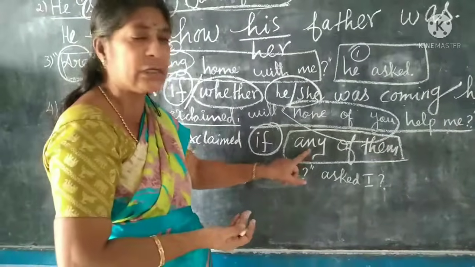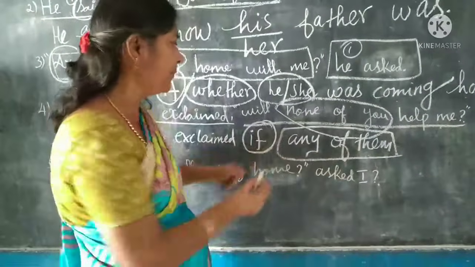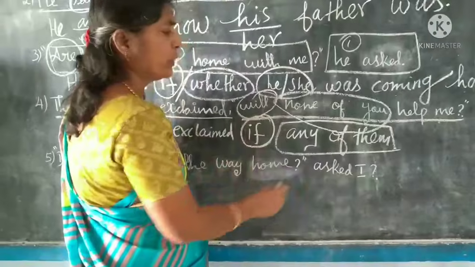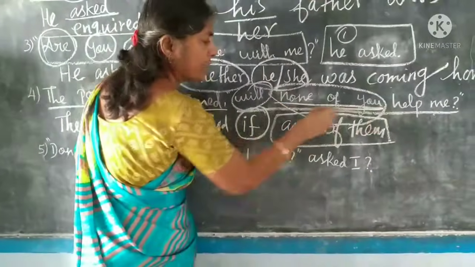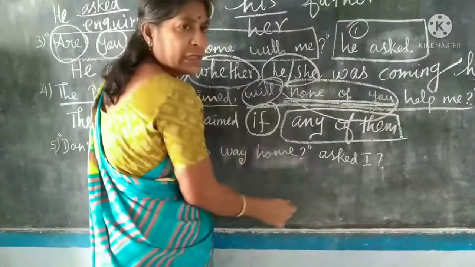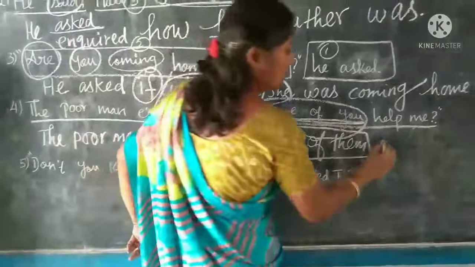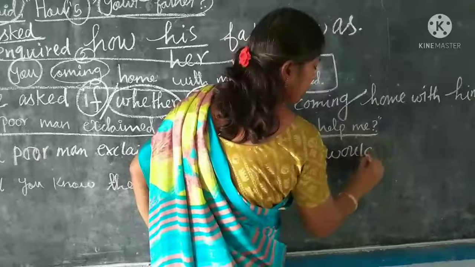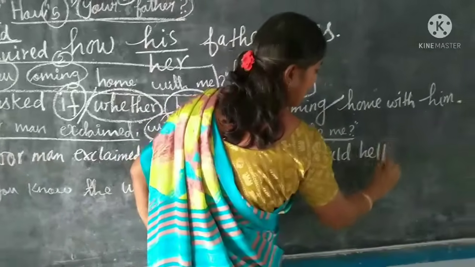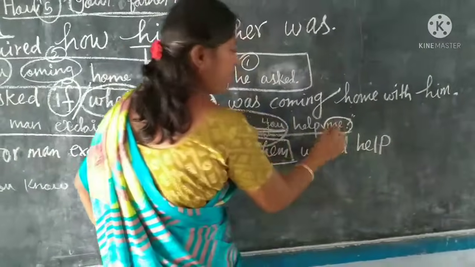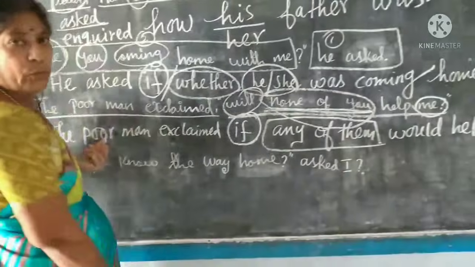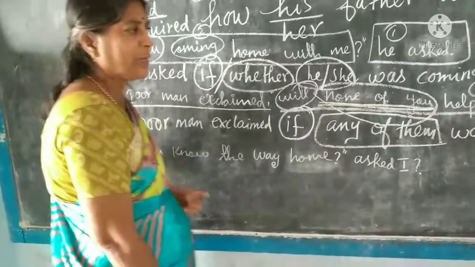So none of you is changed into any of them, and will changes into would. Help, the same thing, help. Me, the word referred to the poor man, you can write as him.